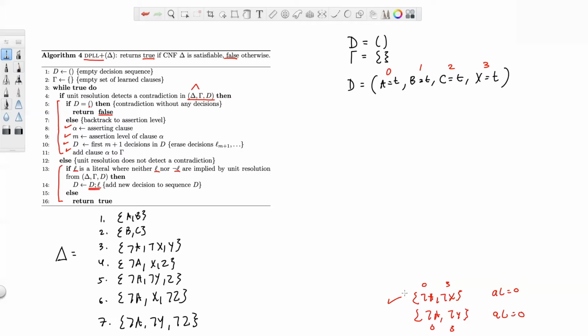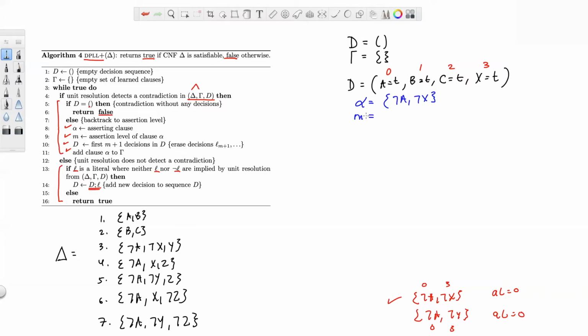So what does that mean? Let's look at the code. So our alpha, if we're going to write it here, so we're here, right? Unit resolution detected a contradiction between this and delta. This is empty. So what is this? The asserting clause, that is not A, not X. Now we need the assertion level. What's the assertion level?